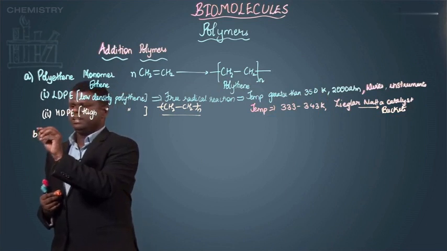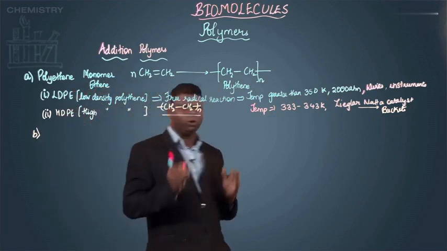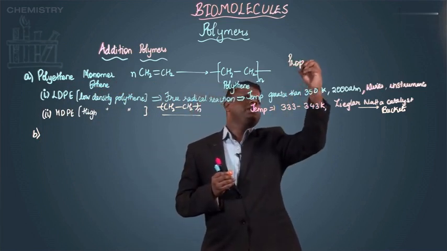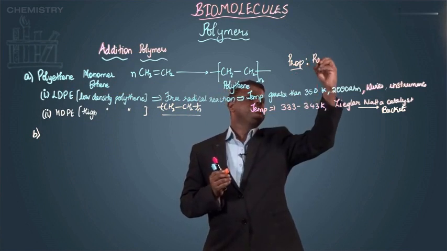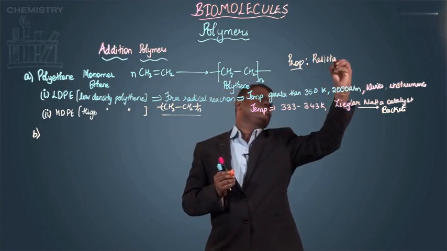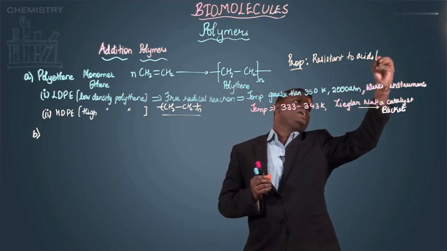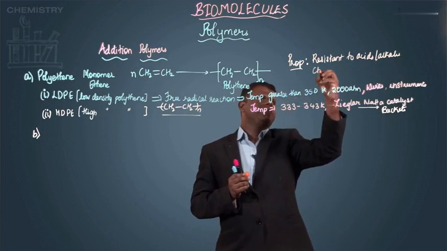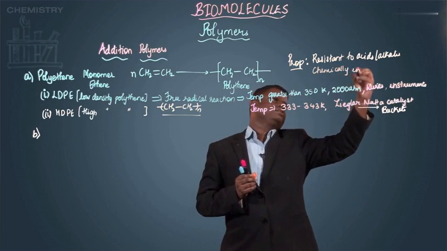Okay, now what about the properties? The common property shown by all of these is that most of them are resistant to acids and alkalis, and they are chemically inert.